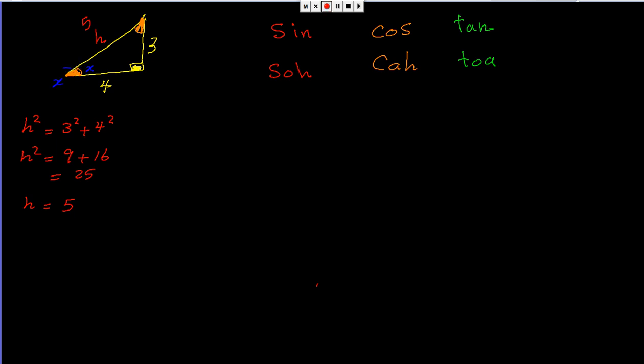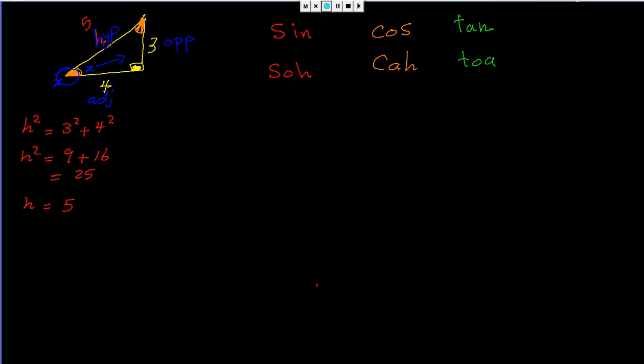Then the side opposite to this angle is called opposite, and the side next to this angle is called adjacent. And the side opposite to the right angle is called hypotenuse. Let's find sine, cosine, and tan for angle x.